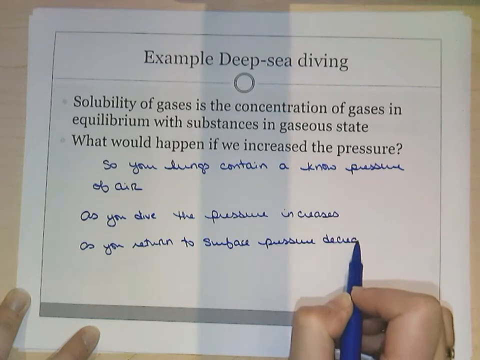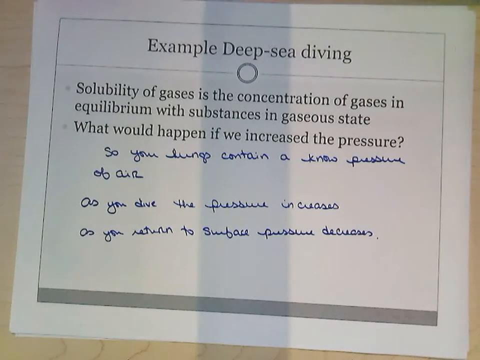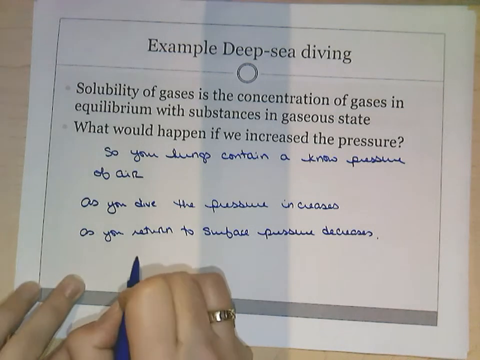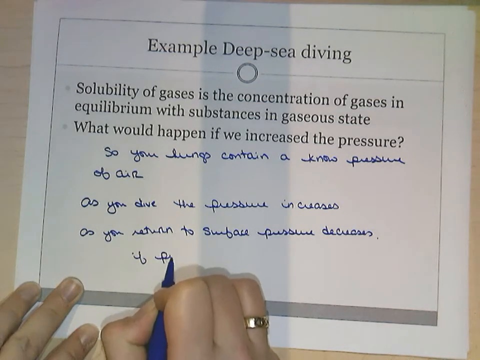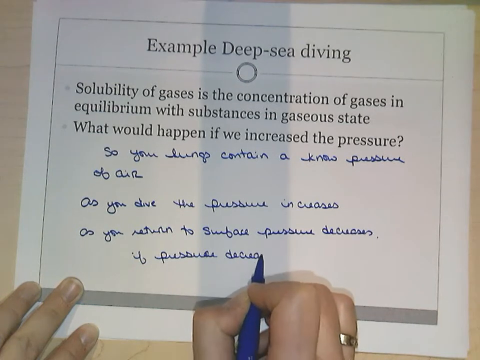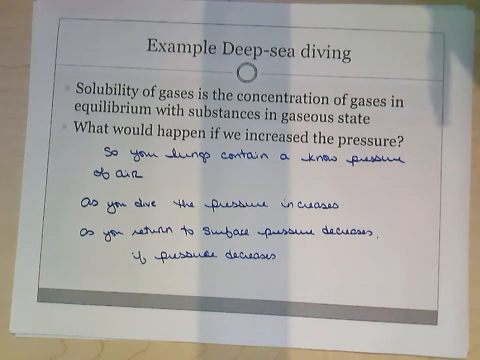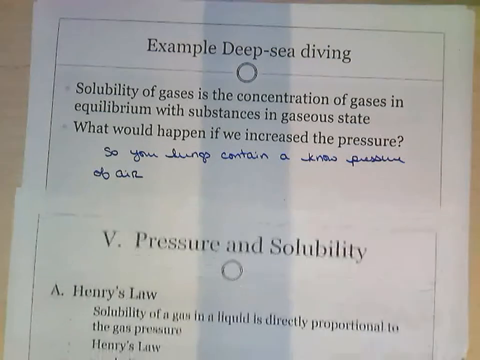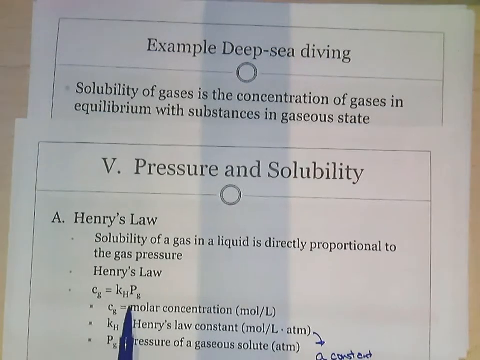All right, then you can imagine the opposite, right? As you're swimming to the surface, the pressure will decrease. And looking at that equation we had before, if the pressure decreases, the molar concentration will increase of whatever gas you're looking at.